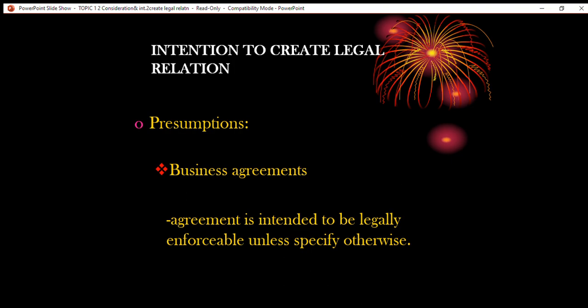Alright, today I am going to explain to you another element of a valid contract. Before we proceed with the discussions today, let us recap.